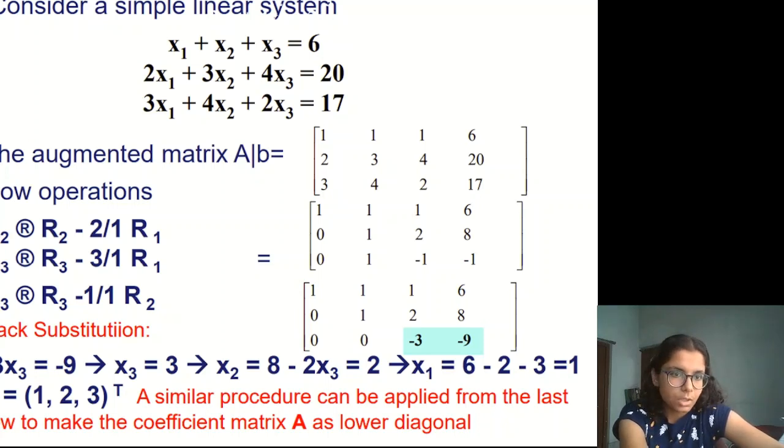The positions here are A2,1 and A3,1. So this is the position where we have to create the 0.